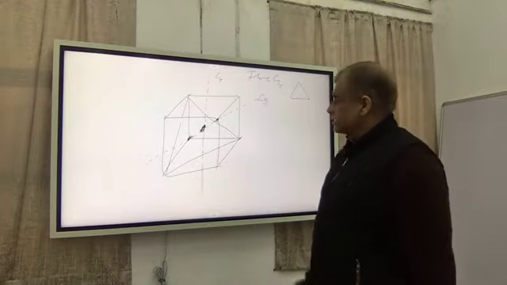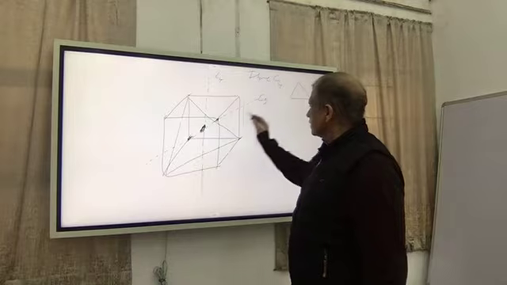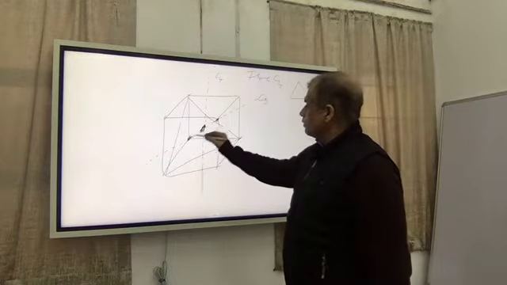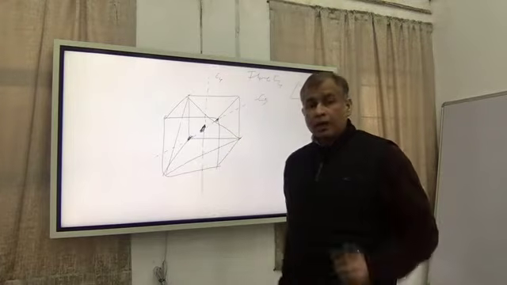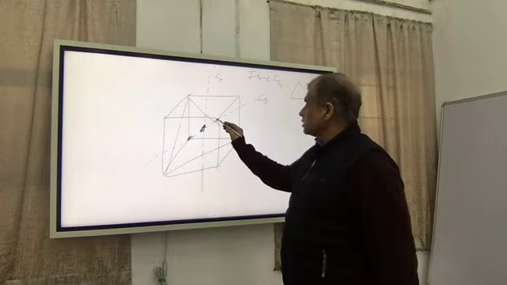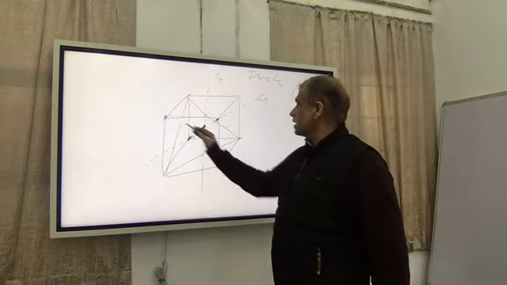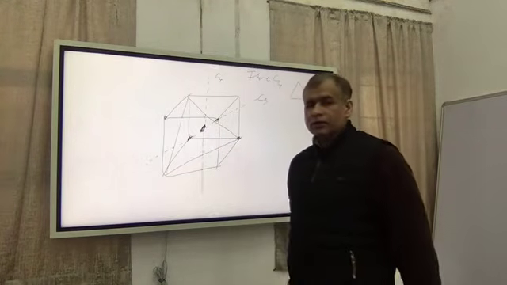But the crux of the matter is that a C3 axis in a cube passes through two opposite corners. Mind you, this one and this one are two opposite corners. Similarly, this one and this one are another two opposite corners.